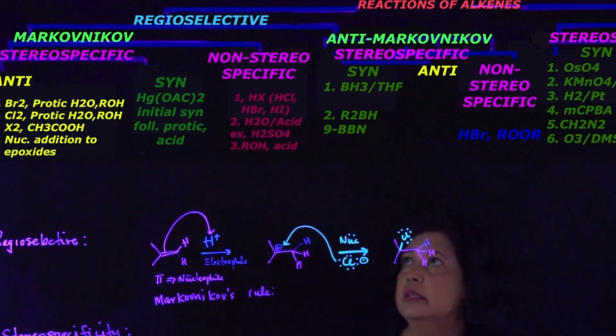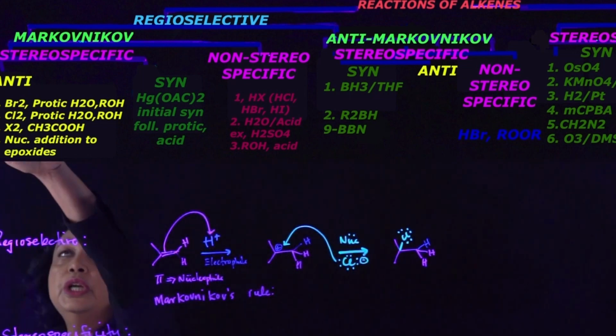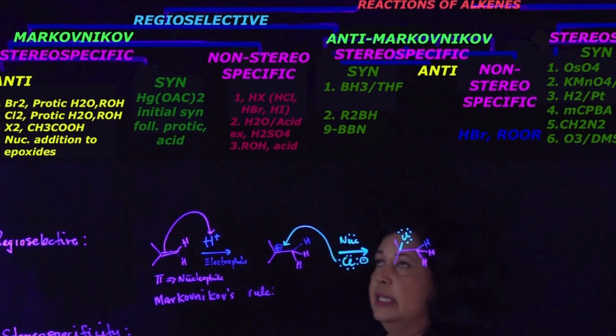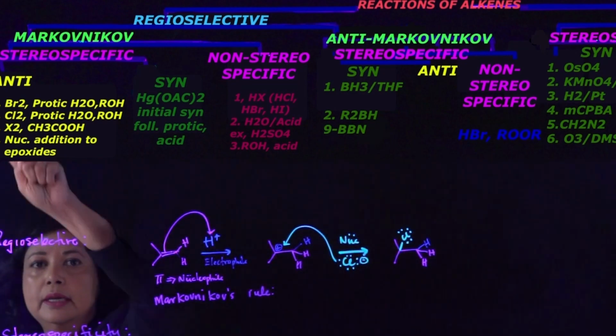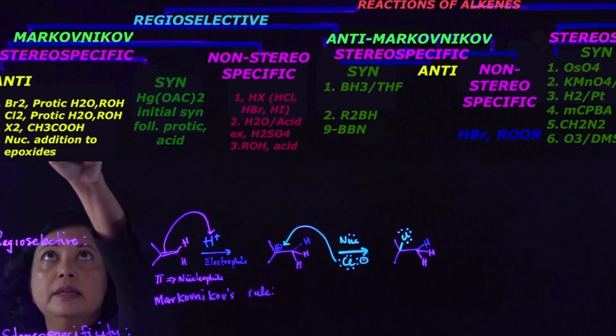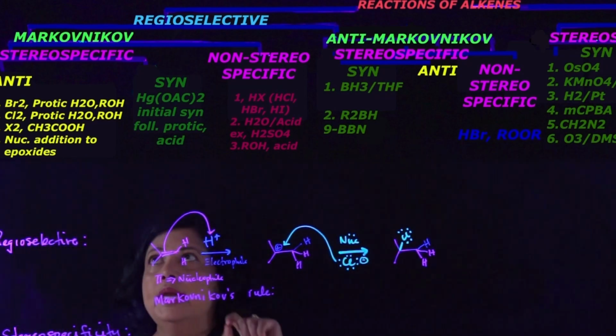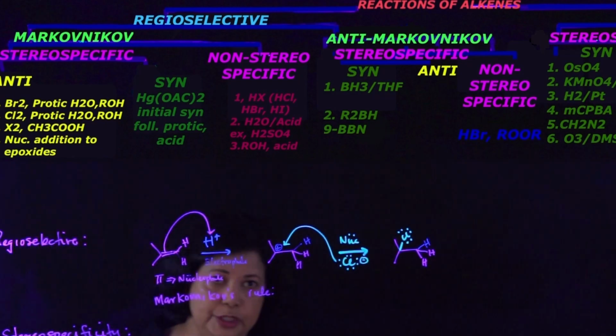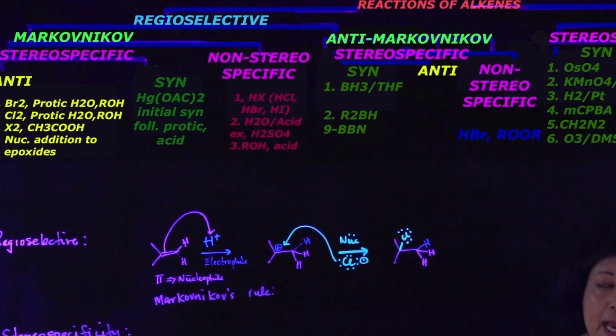Now, within the Markovnikov reaction, you could also have stereospecific reactions. For example, after you add a bromine or a bromonium, you can open it up in a stereospecific way with water or alcohol. Same with halogens and, let's say, some acids.